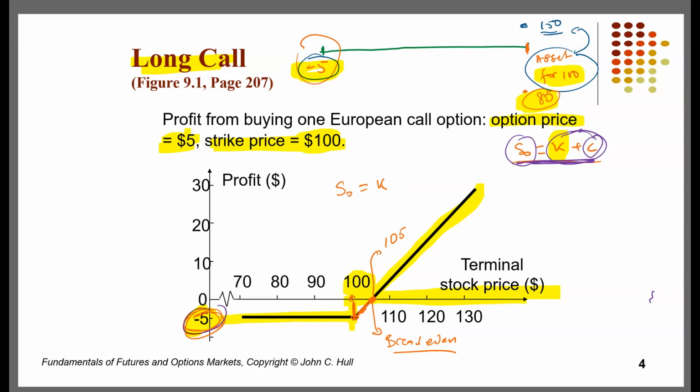So what is the call? The call gives us the right to purchase the underlying at a given price in the future, and therefore we are profitable in a call only if the value of the underlying goes past the strike price. What does that mean? It means that if we exercise the option, we would pay the cheaper value, then we can turn around and sell in the actual market for a little more.